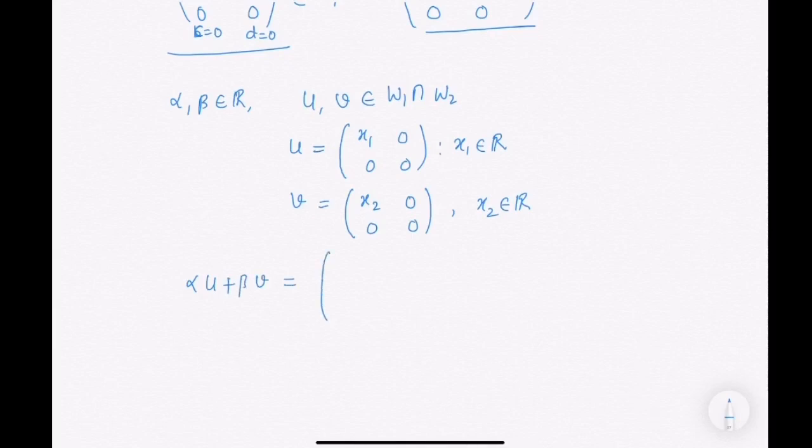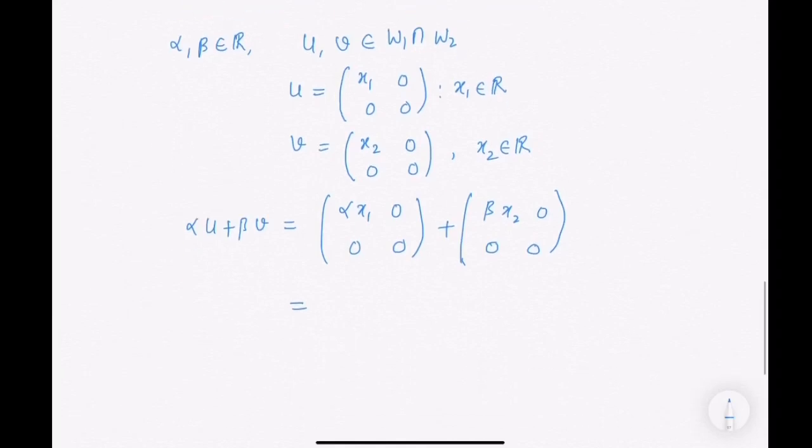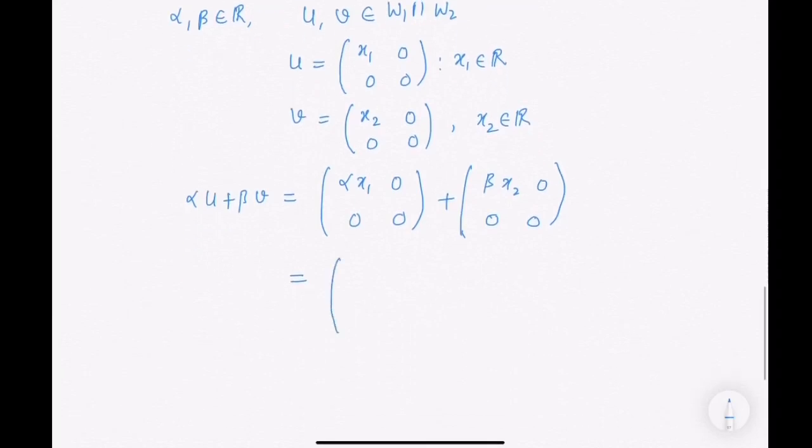This becomes alpha X1, 0, 0 plus beta X2, 0, 0. So when these two matrices are added, we obtain alpha X1 plus beta X2, 0, 0, 0.